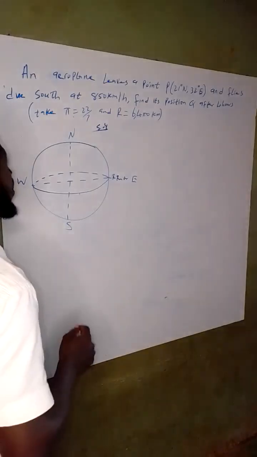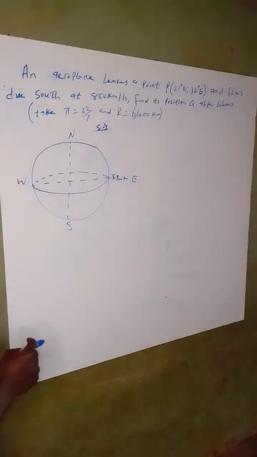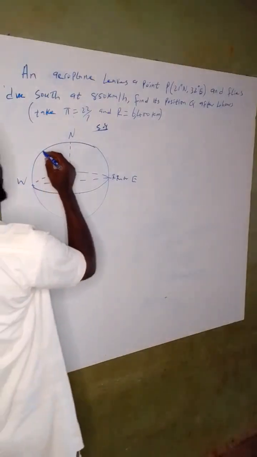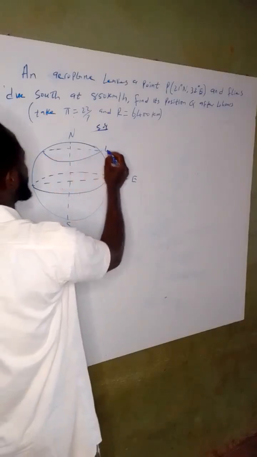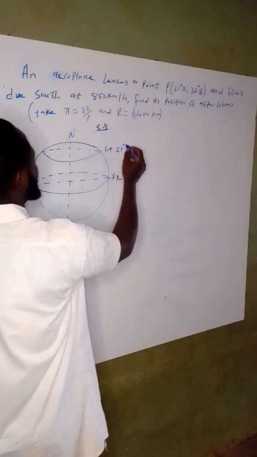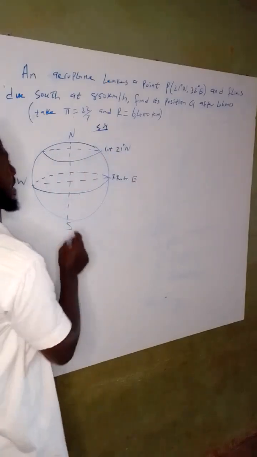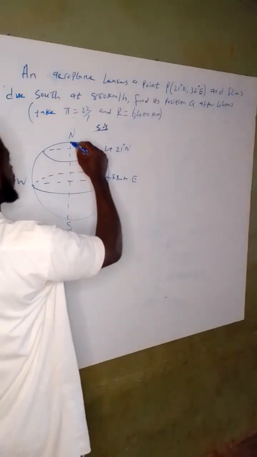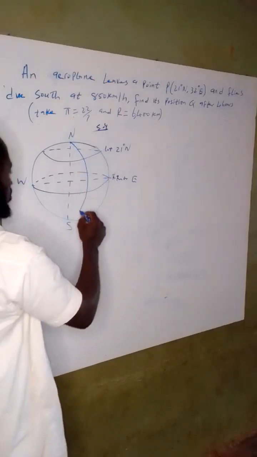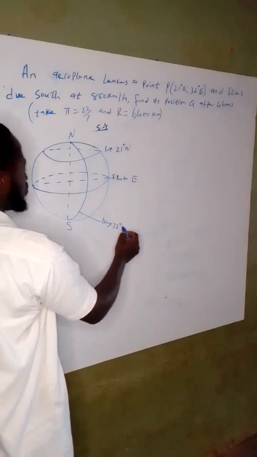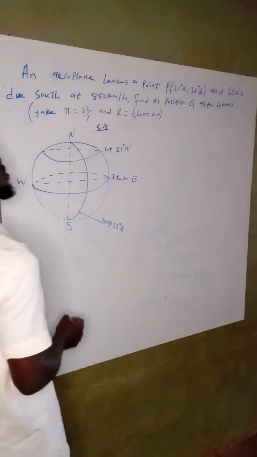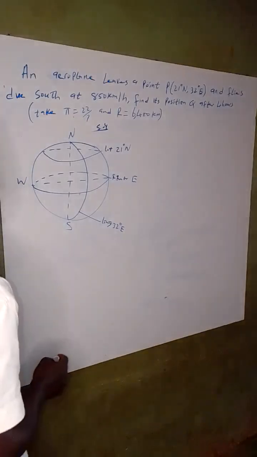So we have an aeroplane that leaves a point P, latitude 21 degrees north, and longitude 32 degrees east, and flies due south.